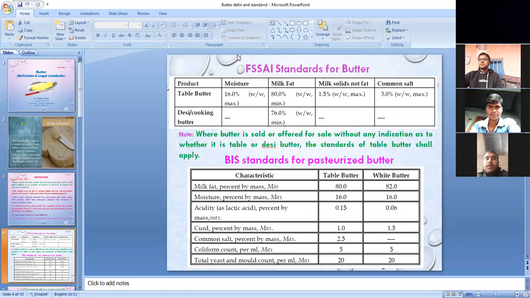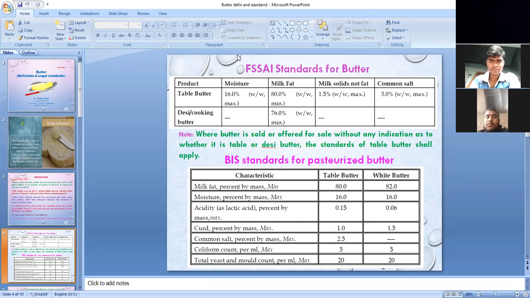Similarly, the moisture content in both table butter and white butter remains the same, 16%, as per BIS standards. Whereas in the case of FSSAI, there is no regulation for moisture in desi butter, but in table butter, the moisture content is not more than 16%.